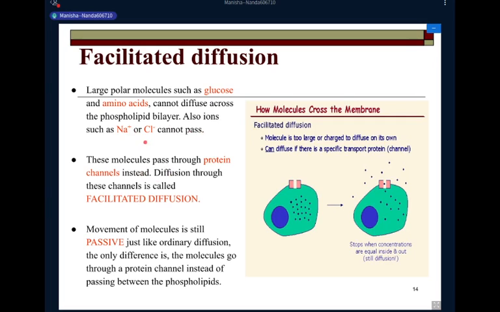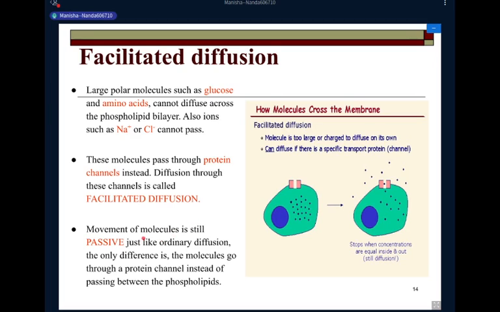So these ions and molecules require the assistance of a protein, a medium that is going to allow the movement of these molecules across the membrane. These molecules pass through protein channels instead, and diffusion through these channels is called facilitated diffusion because it is aided by the help of other proteins.